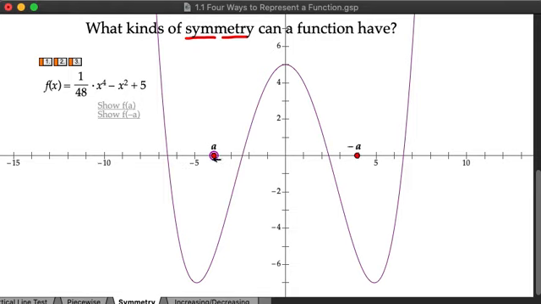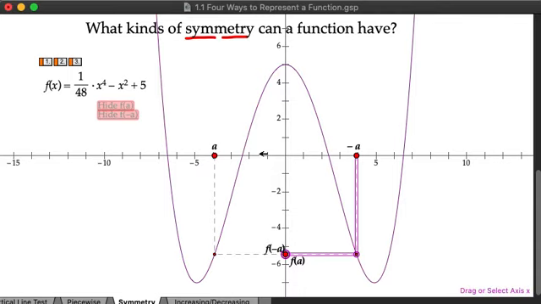Here is some point A and its opposite. For this value of A, f of A is this number, negative 5 point something. And if I look at what f of the opposite of A is, it is actually the same.